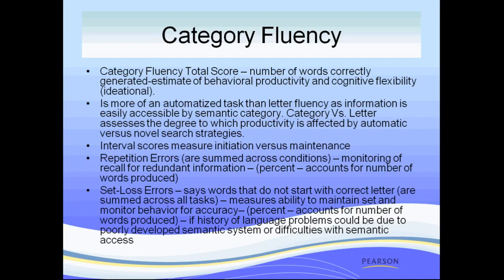You can look at whether they make errors, lose set, or make repetition errors. And I want to say that on this test, errors are really unusual in both normal and clinical groups. So you don't see a lot of errors on category fluency. You don't see them a lot even in FAS.